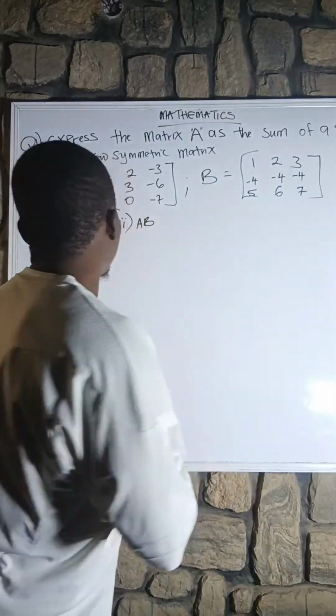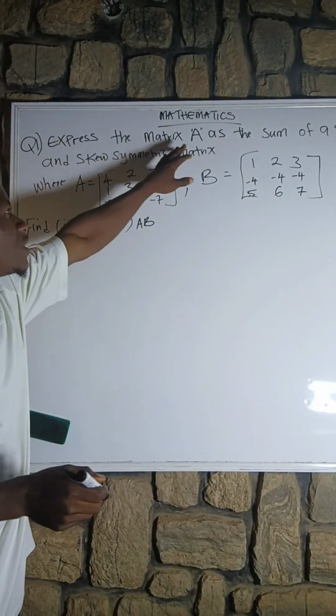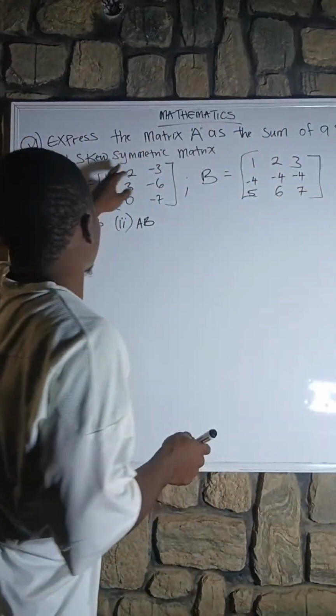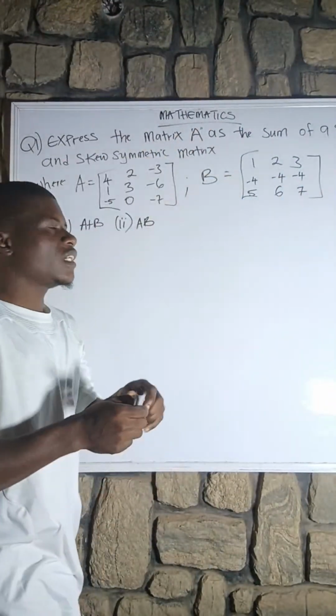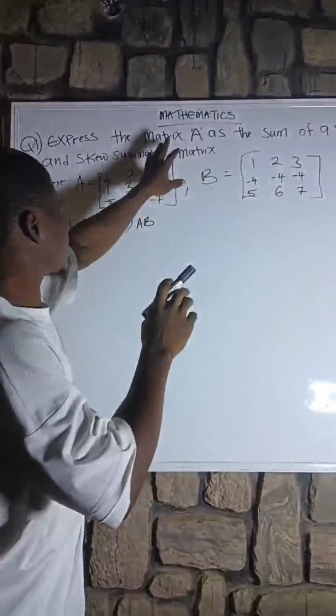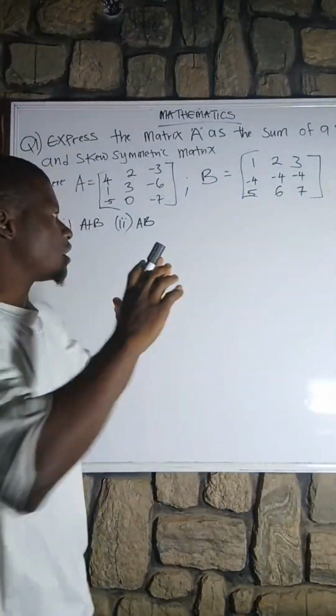Now, the question says express the matrix A as the sum of the symmetric and skew-symmetric matrices. When they say express the matrix A as the sum, we know that it is plus.